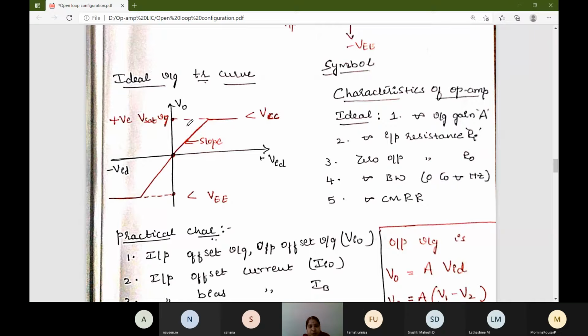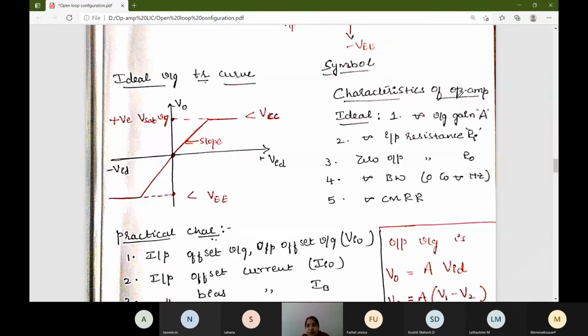But the moment the output voltage reaches the supply voltage, there will be a saturation point. There will not be any linear relationship between V0 and VID. This is the ideal voltage transfer characteristics. This you have to remember while doing the practicals.